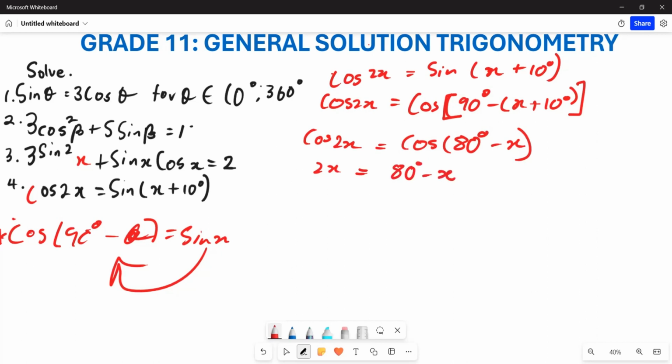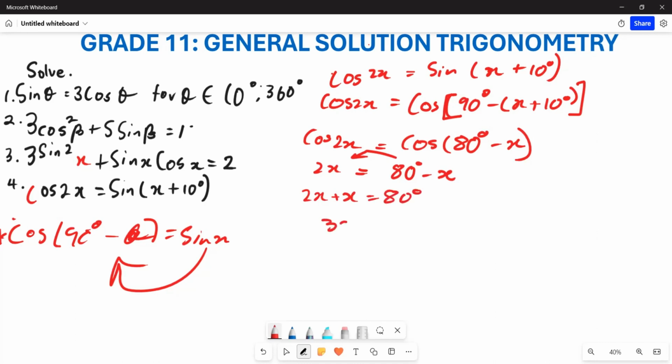Yes. And now from here, what is it that you can do? You can take your x this side, which means 2x plus x is equal to 80 degrees.